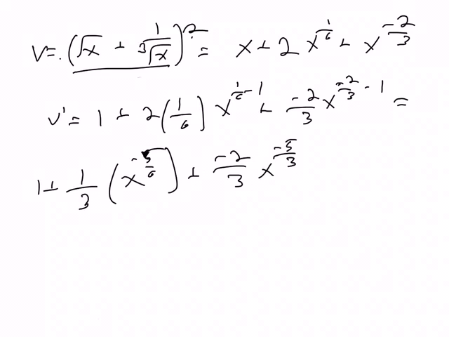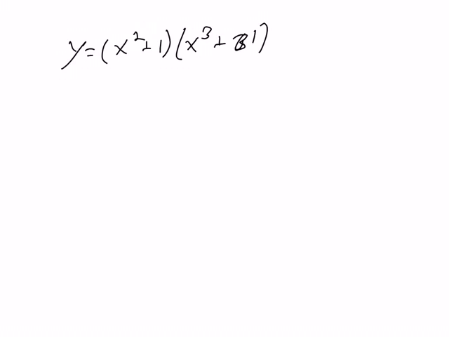Okay, next problem. So that was problem 20. So let's look at problem 21, which tells us: find the derivative of y equals x squared plus 1 times x to the third plus 1 in two ways, by using the product rule and by performing the multiplication first.